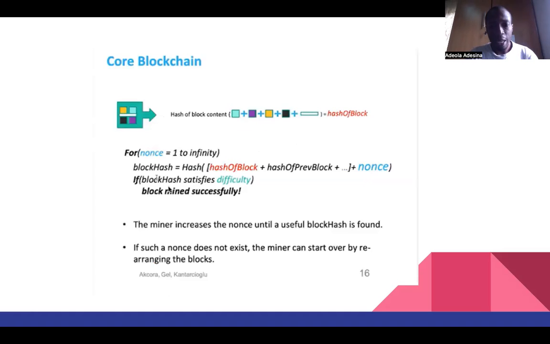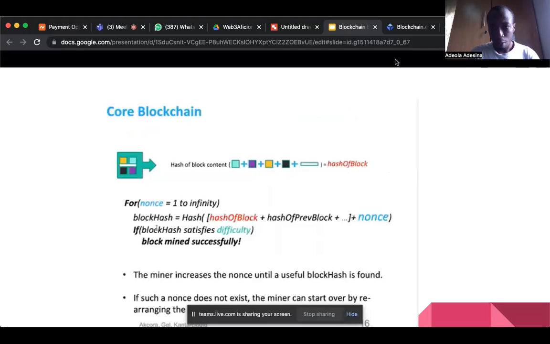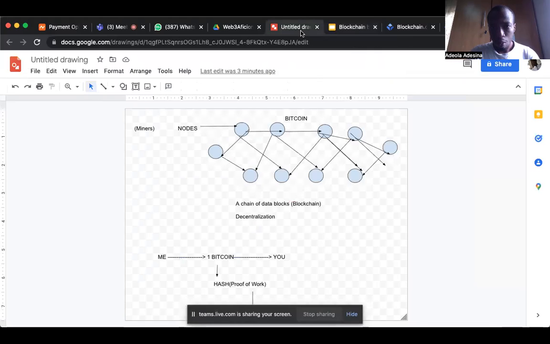So we are saying here that once the block is mined, the miner sitting down at the node increases the nonce until a useful hash is found, right? So what we are doing is that, let's say, for example, let me go back to data. So let's say these 10 companies, what they upload are CSV files or Excel files, right?